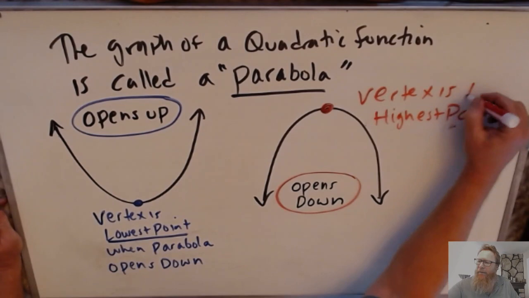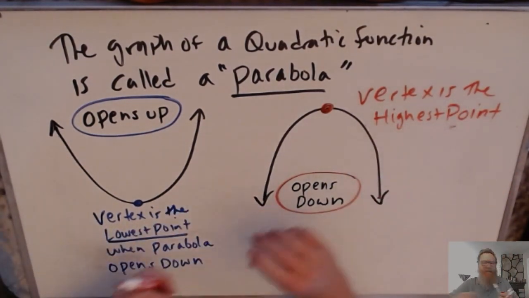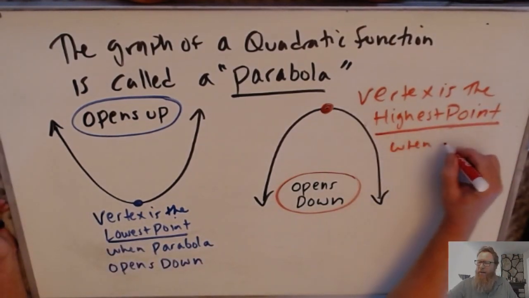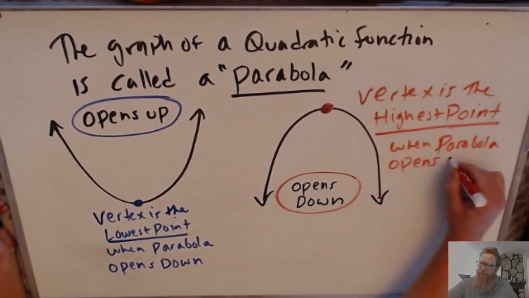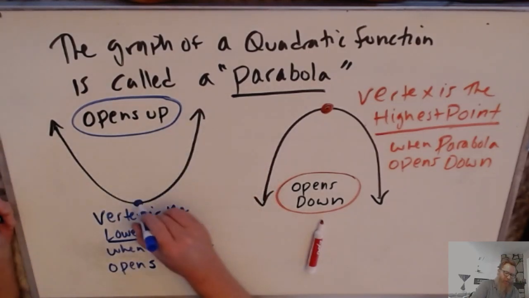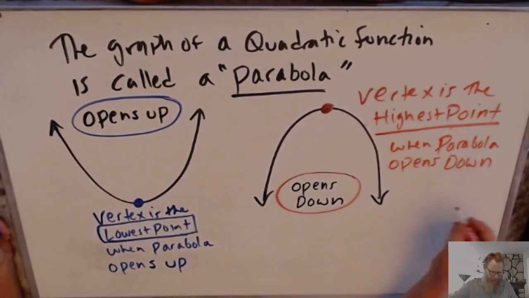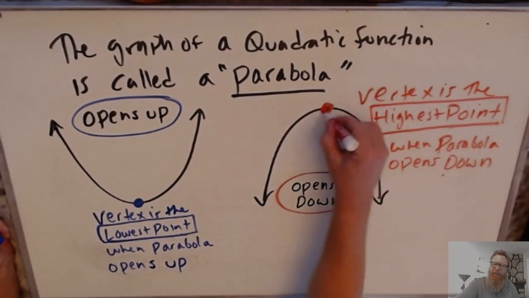You know what I mean. The vertex is the highest point when the parabola opens down. I realize I got the words up and down backwards. So when the parabola opens up, the vertex is the lowest point. When the parabola opens down, the vertex is the highest point.